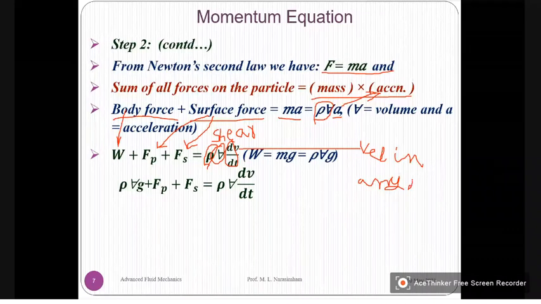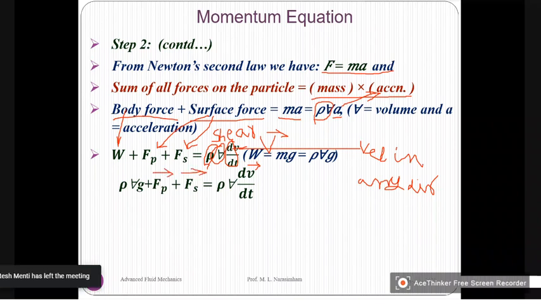Also here I have used the small letter to indicate, in fact it should have been written differently, and these are also vectors.